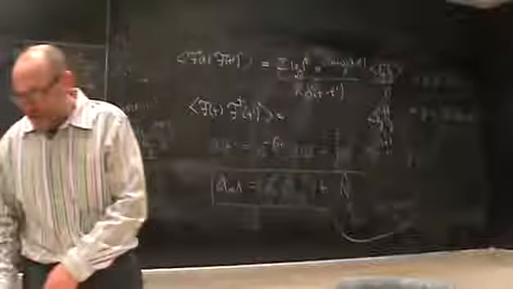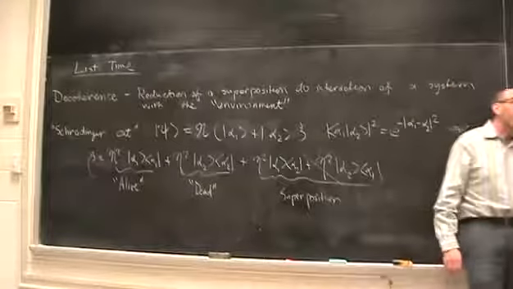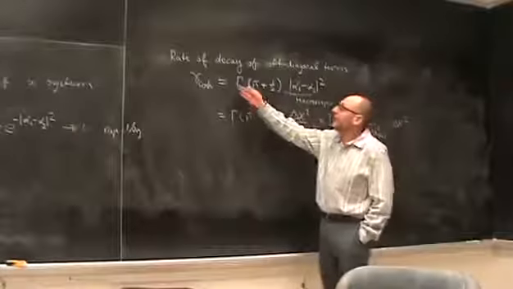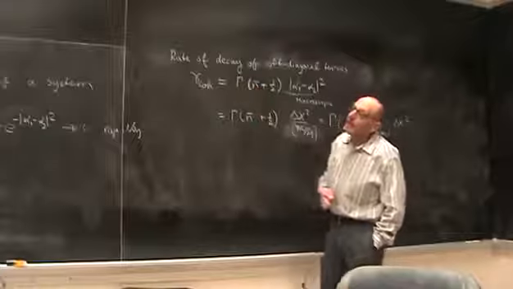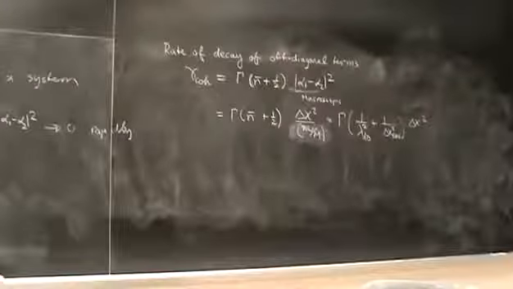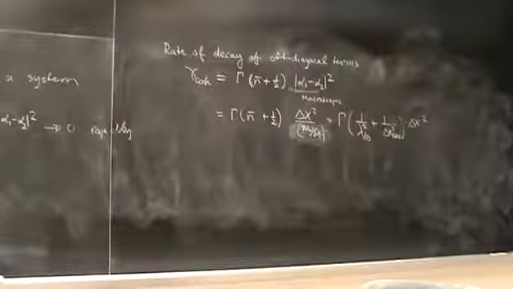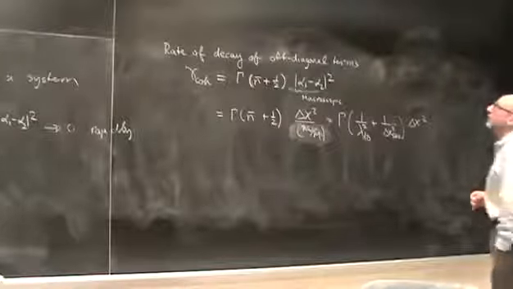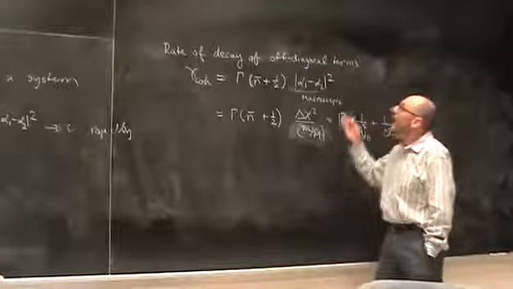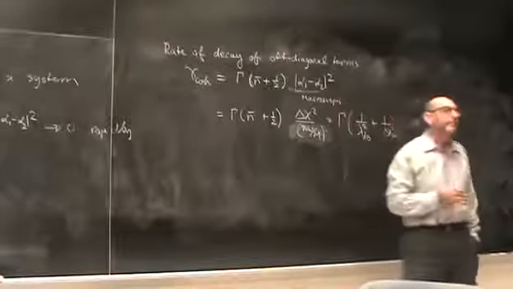It decays out very rapidly, and the rate at which that happened was given by this expression. If gamma was the damping rate of energy, that is the rate at which energy decays out of the cavity, then the decoherence rate was enhanced by this factor.